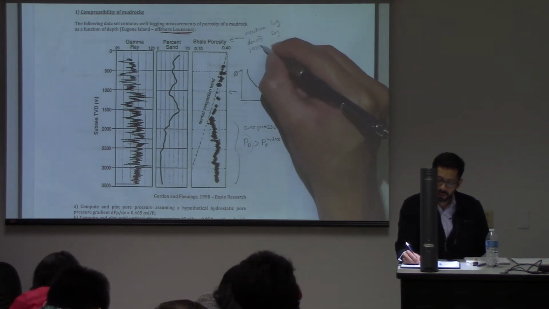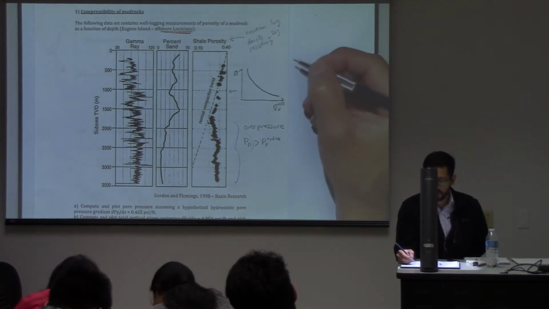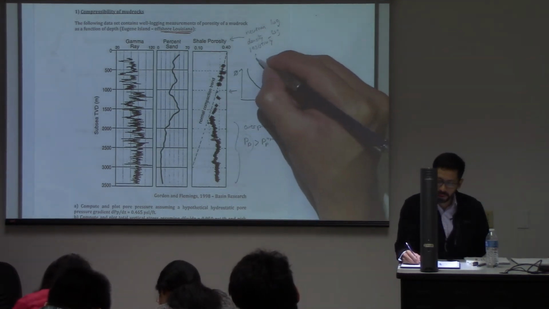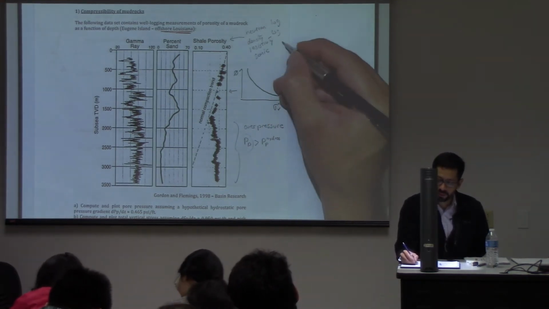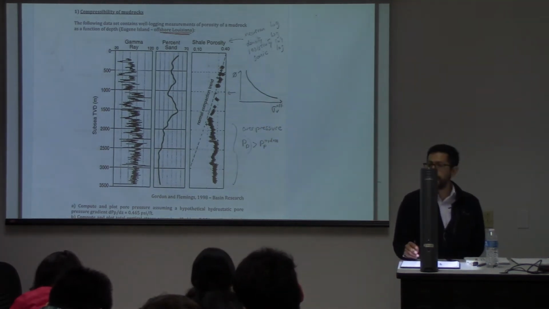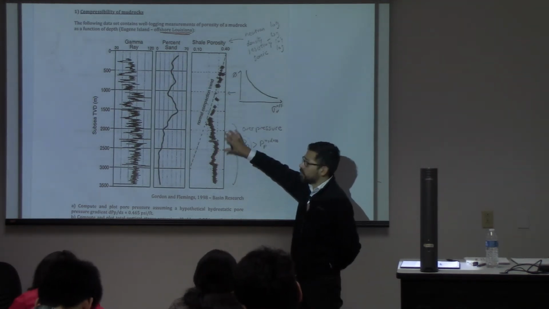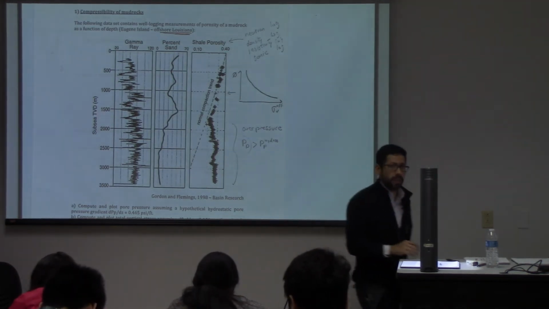It might come from another log, which is resistivity, or from another one that would be the sonic or the P-wave log. With all of these, you can get an idea about porosity. I'm not remembering exactly in this case what they used, but usually it's a combination of many of those.